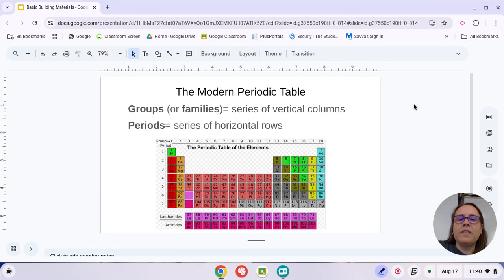And you'll see there on the left, we can see 1, 2, 3, 4, 5, 6, 7 going down. Our periods are just numbered. So the very first row that just has the H and the He, that's row 1, period 1. And they just go down from there. The groups or the families, those are our vertical columns. Many of those have names, and we will be learning those names. Many of them have special names. But periods are easy because they're just numbered.